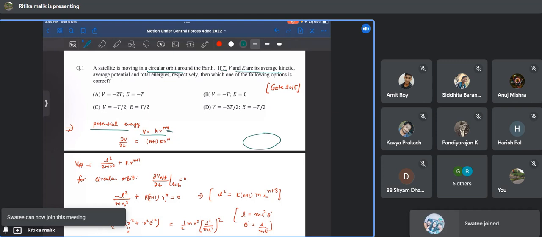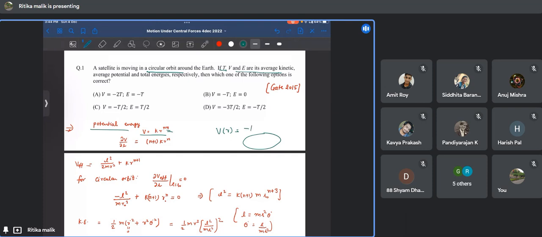We already know that for the Kepler potential we can write the potential as minus k by r, so we have to replace n by minus 2. So we first calculate the situation for the general case, and then we apply the case of Kepler potential.